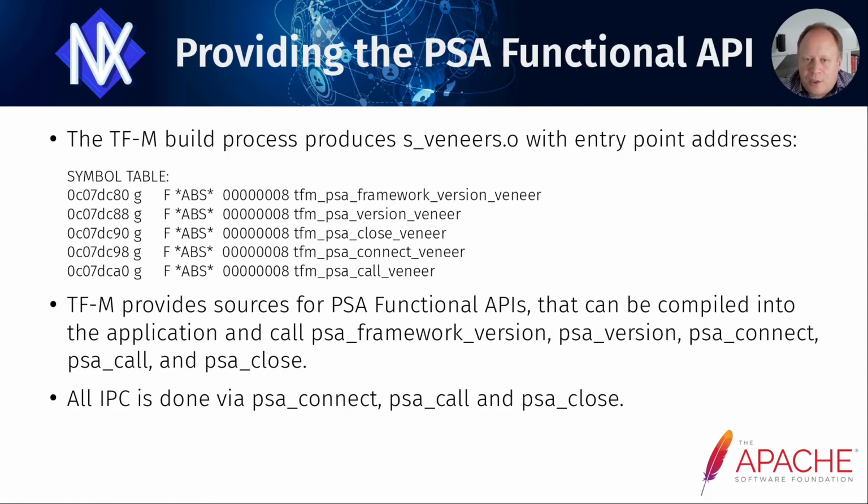All remote procedure calls from the non-secure execution environment to the root of trust services are tunneled through PSA connect, PSA call, and PSA close. Some shim logic must be provided to, for example, forward application calls to the PSA connect function to the TFM PSA connect veneer entry point, while maintaining multitasking consistency.